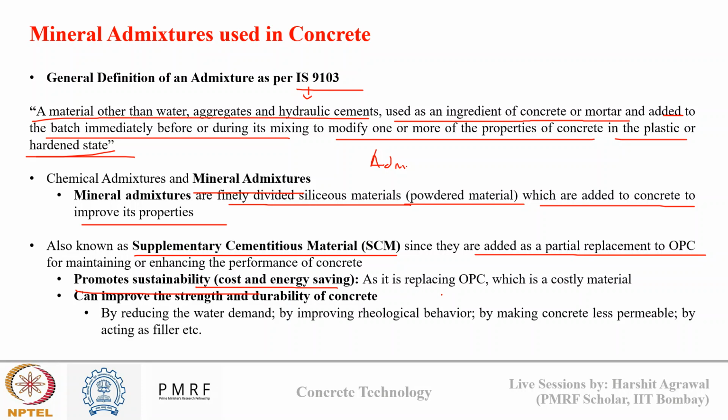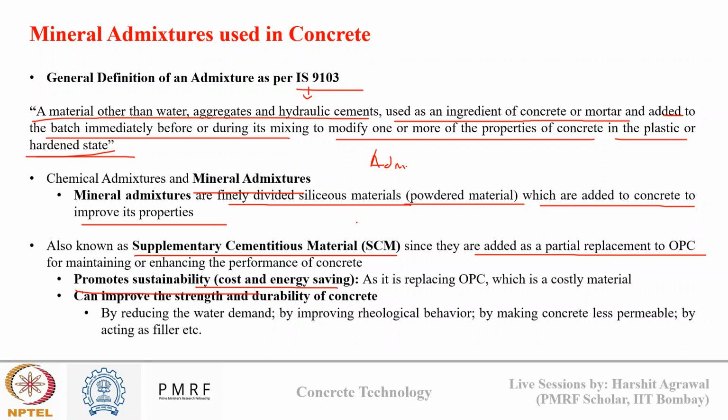Because we are using them as a partial replacement of cement, and we know that cement is an expensive material. It requires a lot of energy and generates a lot of CO2 during production. So instead of cement, when we use an SCM, which is basically generated from waste residue material, they reduce both cost and energy, and help us build sustainable construction practices.